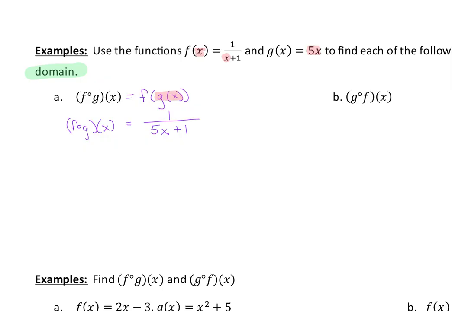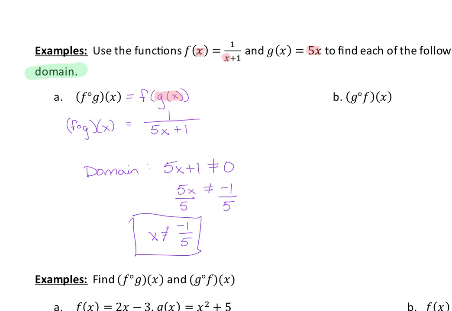For our combined function, we have that 5x plus 1 cannot equal 0. And so if we go ahead and solve this, we can subtract 1 from both sides, and we can divide by 5. And so we get x is not equal to negative 1 over 5. You can write this in interval notation if you want, but for most of these, this is all that we're going to be looking for.